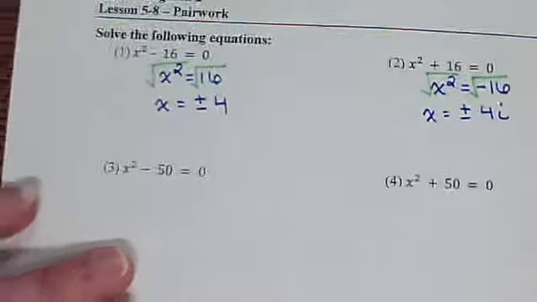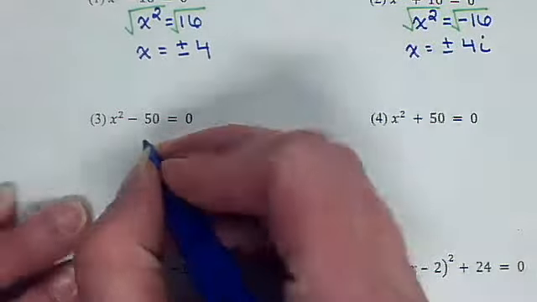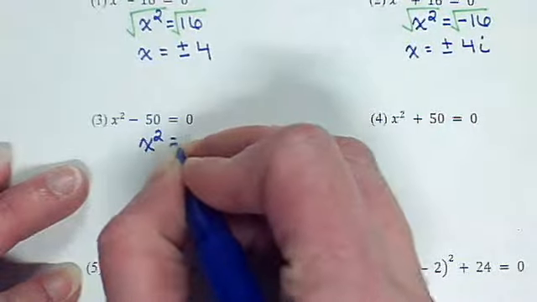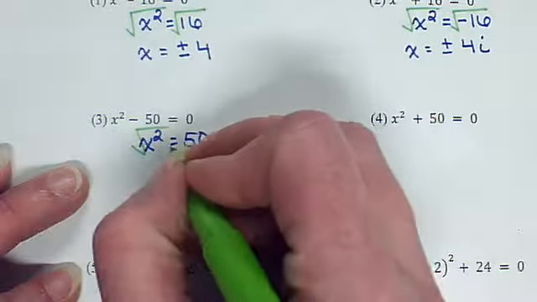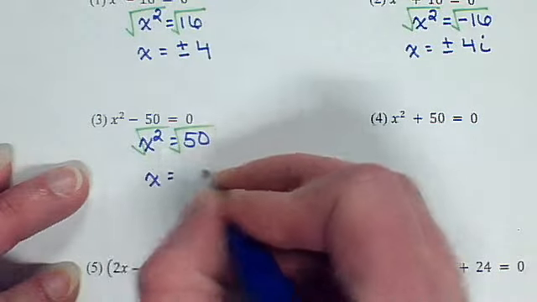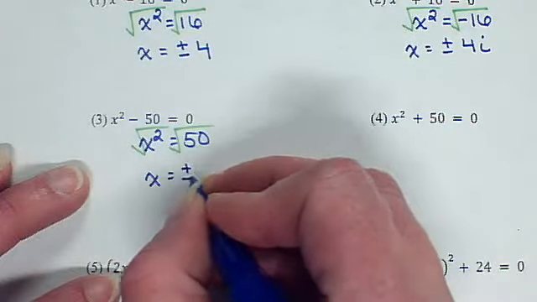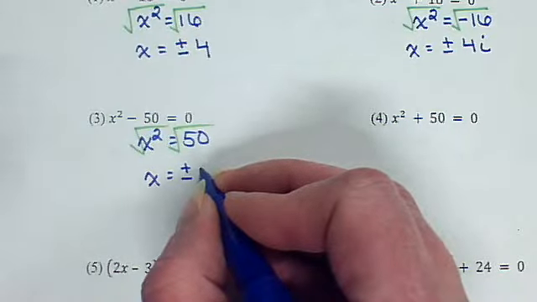Look at number 3. x squared minus 50. It's going to be x squared equals 50. Square root of both sides means I'm going to have a positive and negative answer. And 50, we know that's 25 times 2.